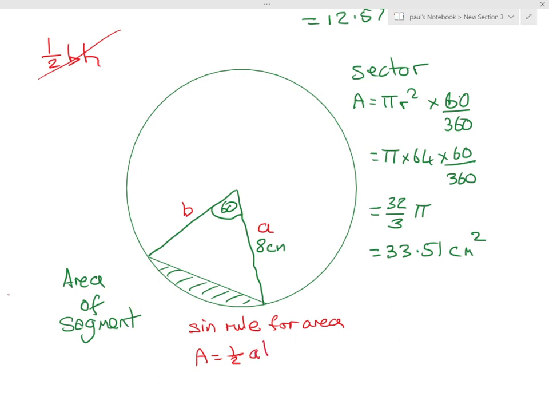Half AB. Now we need to multiply this by something else to take into account this angle here. Sine C. So it's ABC. And that will be half times 8 times 8 times sine the angle C, which is this one, which is 60.